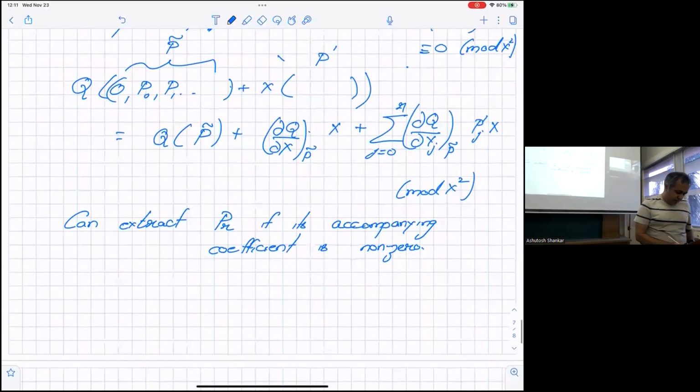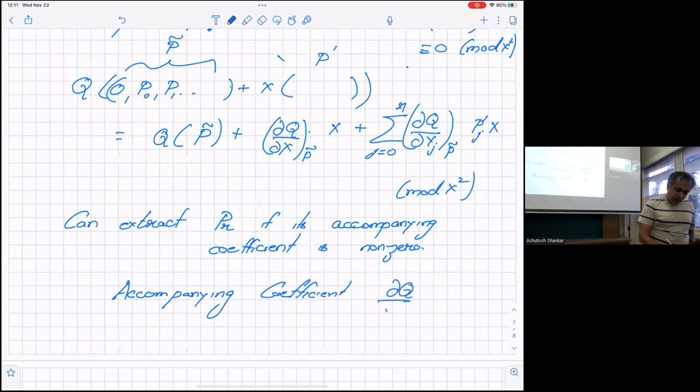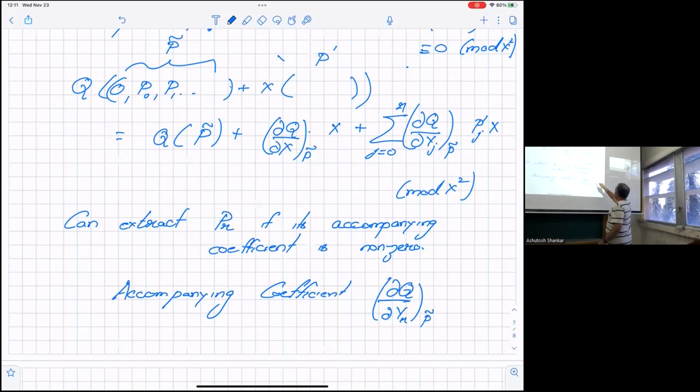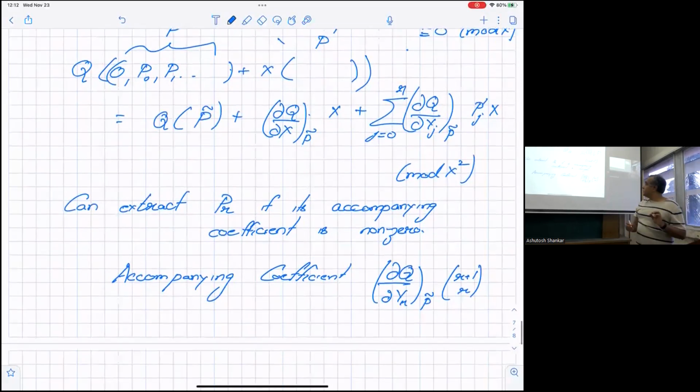The accompanying coefficient is ∂Q/∂Yj ∂Yr at P tilde. But it's not just that, there is a binomial coefficient that keeps coming. It is k plus r choose r; in our case, it's r plus 1 choose r.